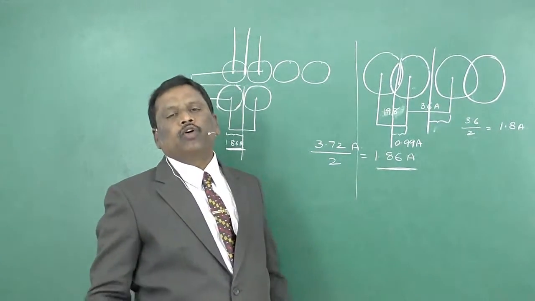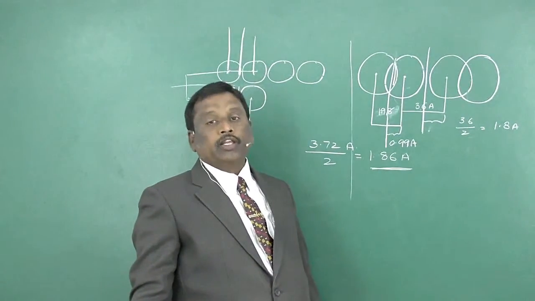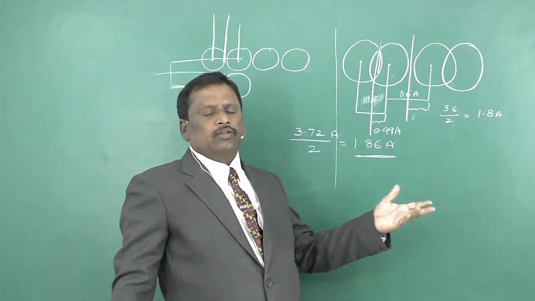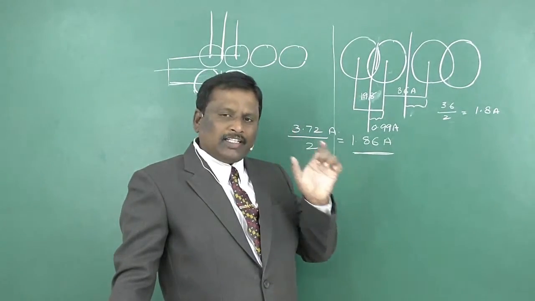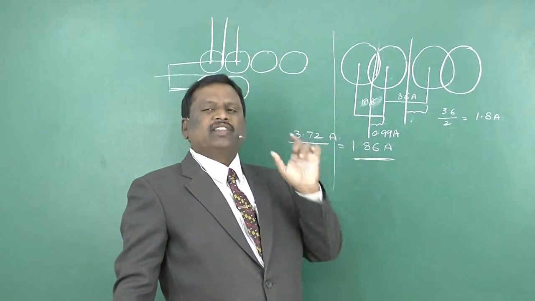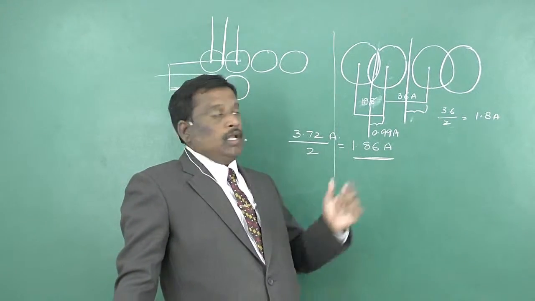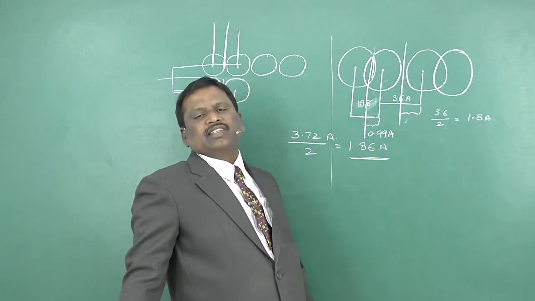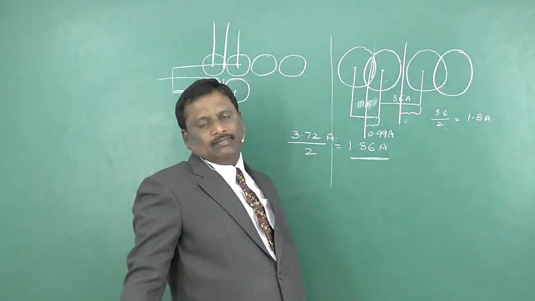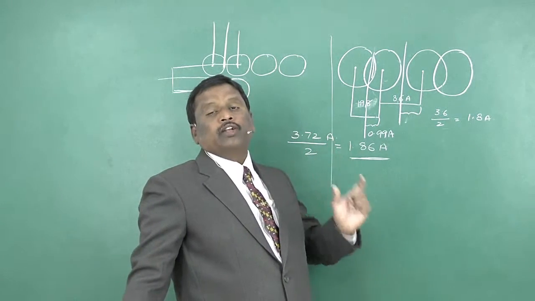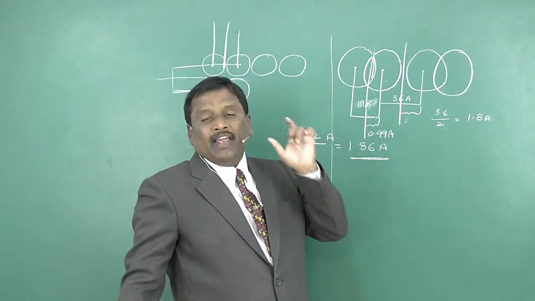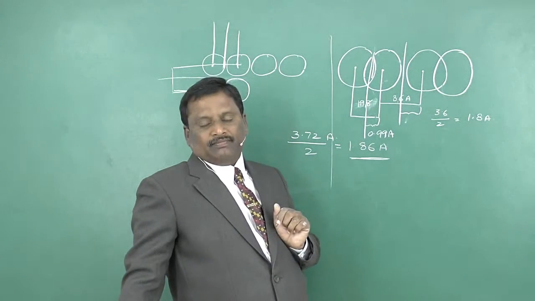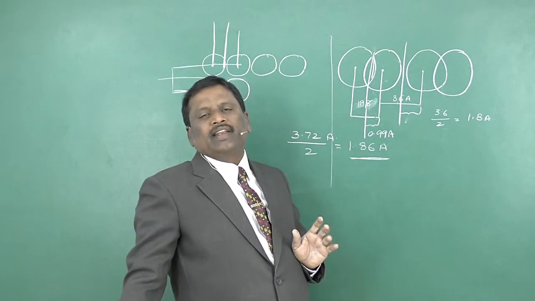When two atoms are involved in a covalent bond, that is in homoatomic molecules, whether it is Cl2 or H2 or O2 or N2, whatever it may be, when two atoms belonging to the same element are bonded with a single covalent bond, half of the internuclear distance between the nuclei of the two bonded atoms is considered as its covalent radius.